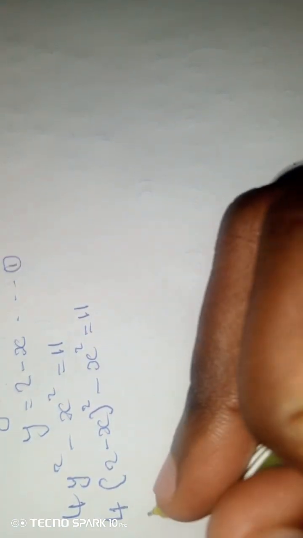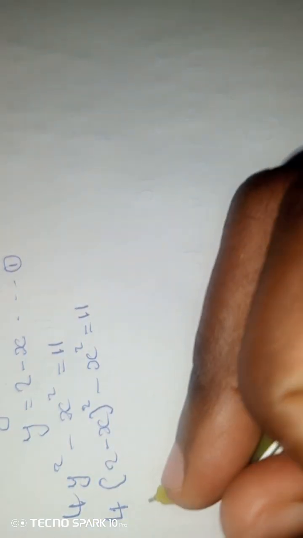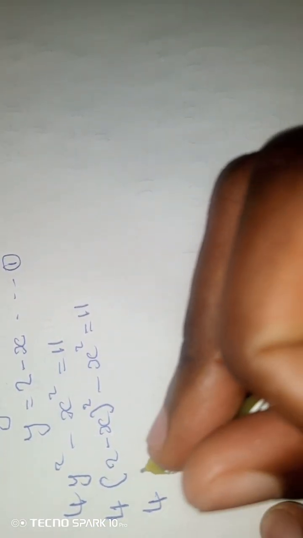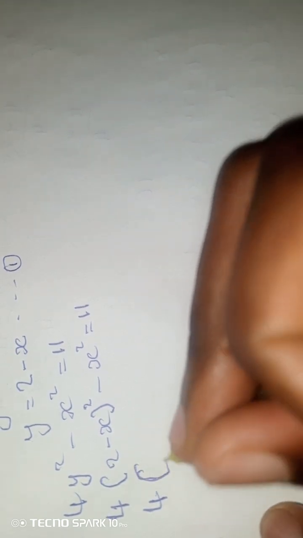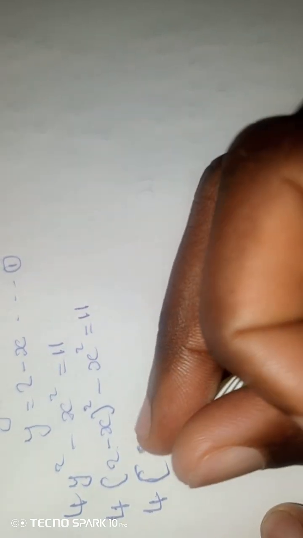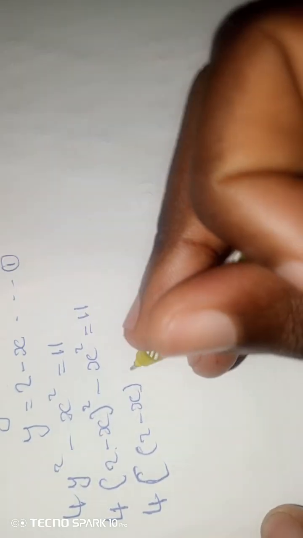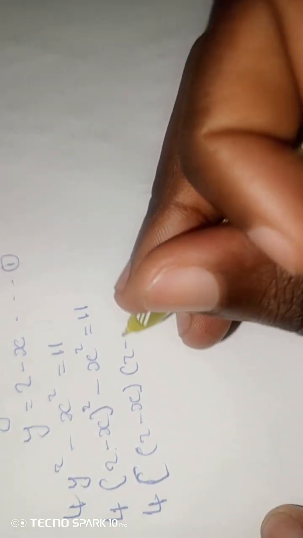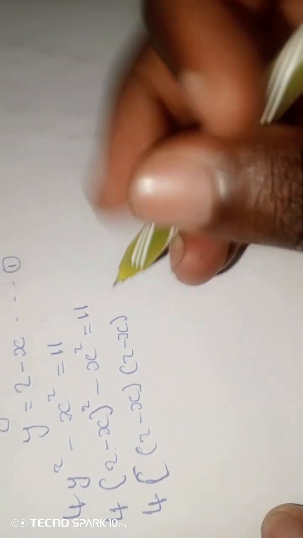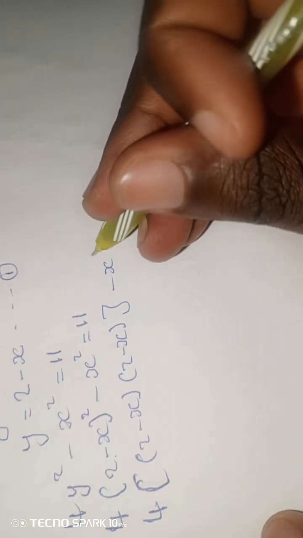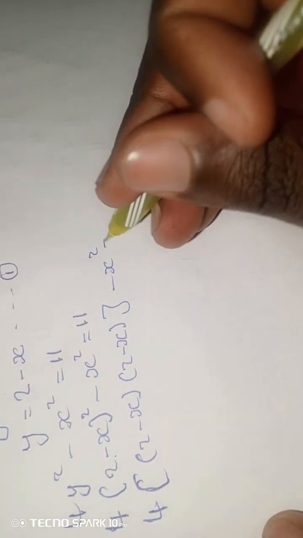From here now I'll say 4, open bracket, I'll expand this. I'll say 2 minus x, even here I'll say 2 minus x, minus x squared equals to 11.